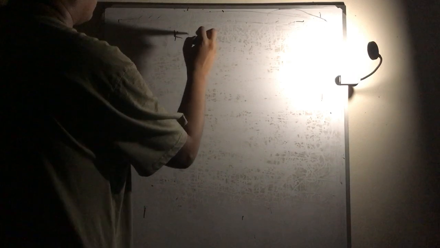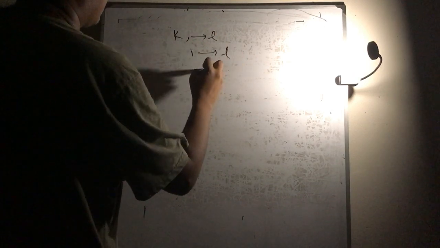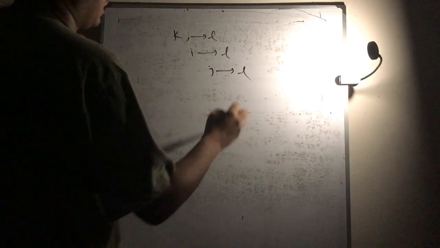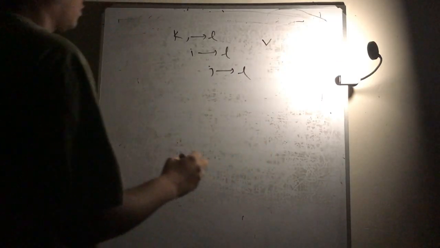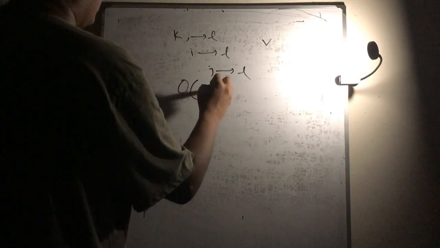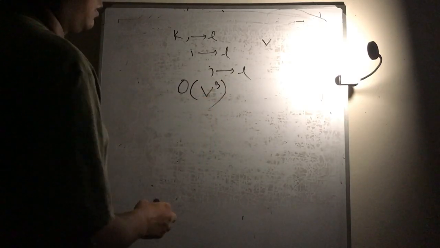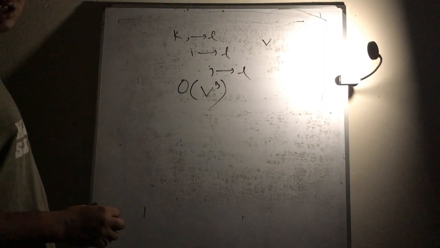What is the complexity? We use k for L times, i for L times, j for L times. What is L? L is the number of vertices V. So what is the time complexity? Big O of V cube. What is the space complexity?